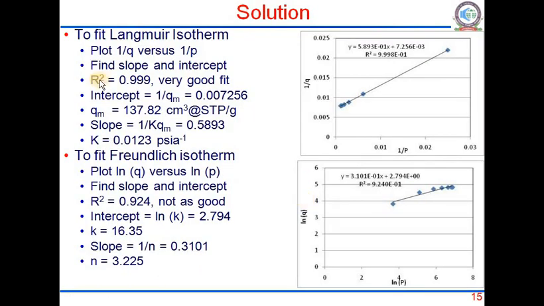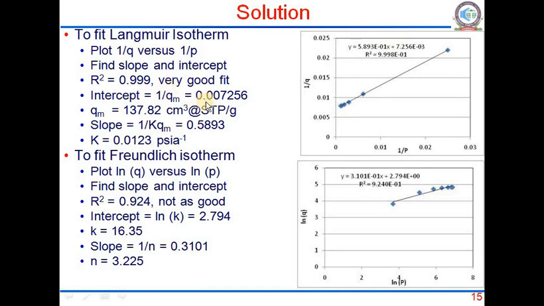If you want to fit Langmuir isotherm, recall that we plot 1 by Q versus 1 by P. This is the data plotted, 1 by Q on the y-axis versus 1 by P on the x-axis, and you can see these are the data points. If you fit a straight line through this, you see that R square is very good, 0.9998. This is the slope and the intercept. Recall what the slope and intercept mean. Our intercept was 1 by Qm.